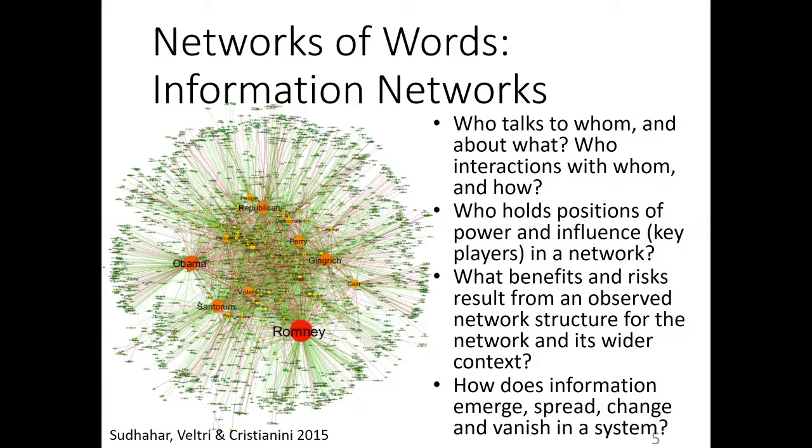Third, what benefits and risks result from an observed network structure for the network itself and its further surrounding? And another application scenario might be to study how information and beliefs emerge, spread, get modified, and disappear in online and offline networks.